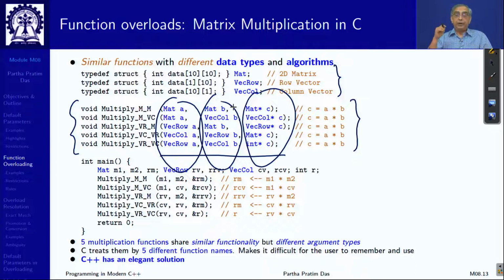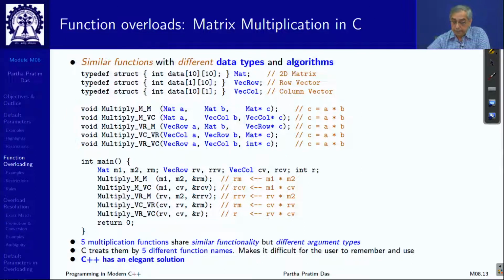So, the programmer who is trying to use this will have to remember, okay, multiplying a matrix by a column vector is multiply underscore m underscore VC. Very cumbersome, right? And we will see a lot of other problems also arise because of this.